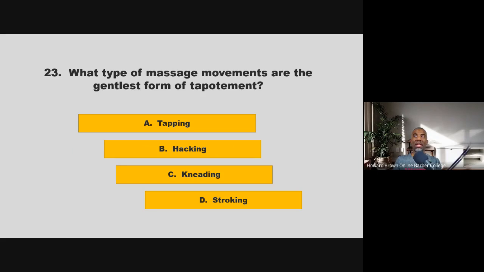What type of massage movements are the gentlest form of tapotement? Is it tapping, hacking, kneading, or stroking? If you chose A, tapping, you are correct.